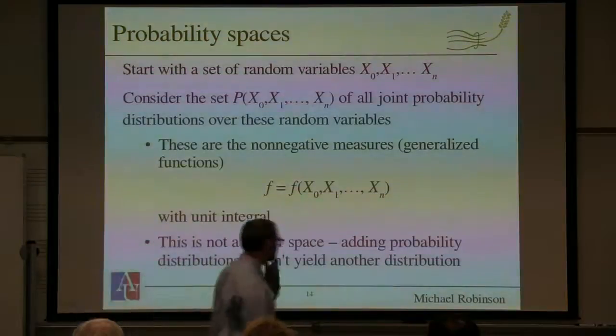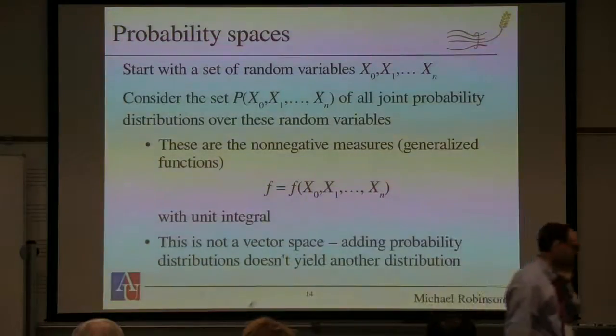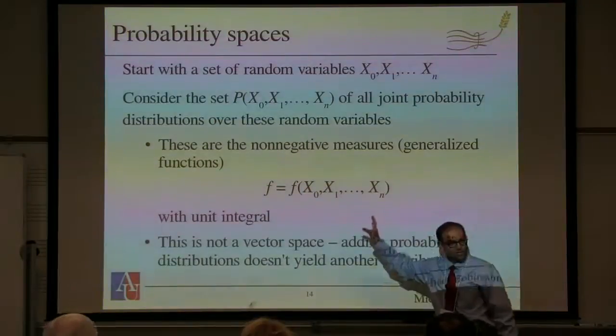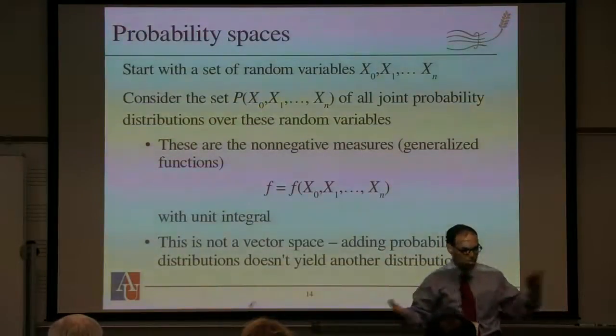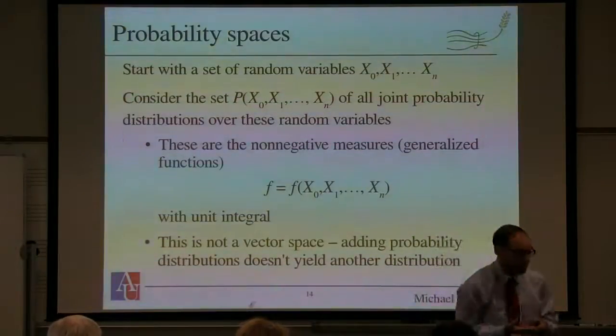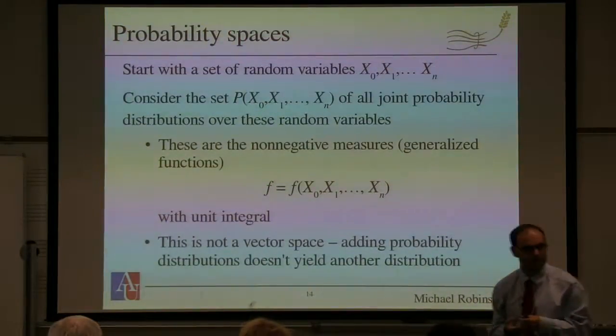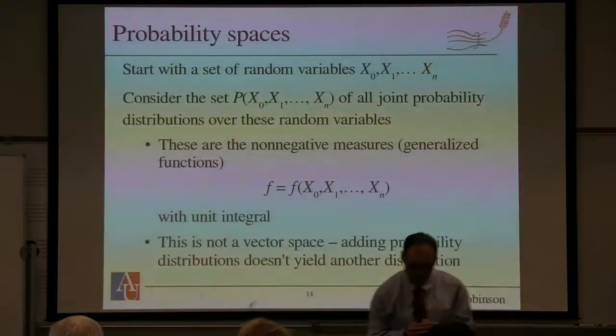Right? That integral additivity kind of gets in the way. All right, that seems kind of reasonable, but is what it is. What did you just say? I said that if you have a probability distribution and another probability distribution, if I try to add them together, I don't get a probability distribution. Oh, so it's not adding the arguments, but it's adding the probability. That's adding the distributions themselves, right? That is not a vector space.